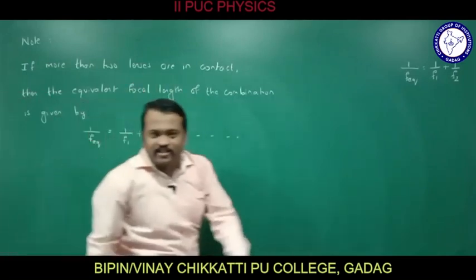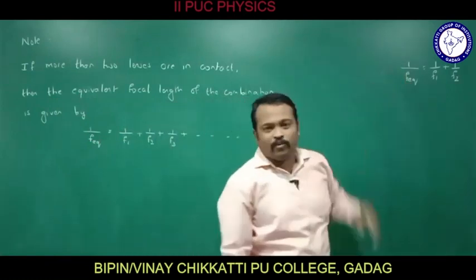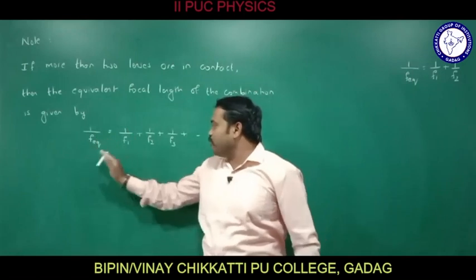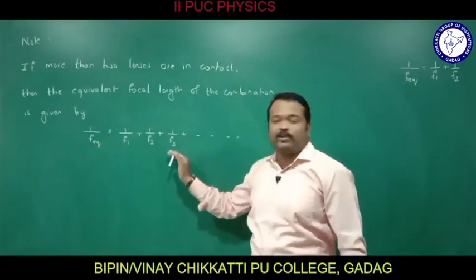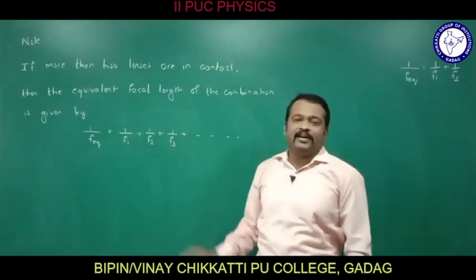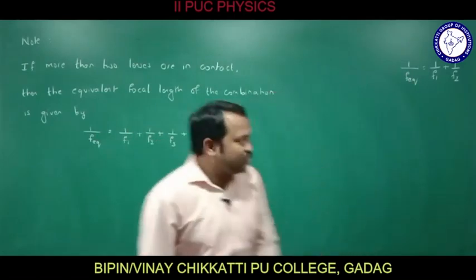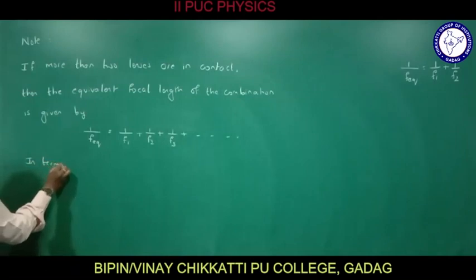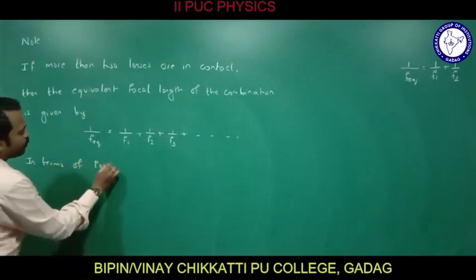So if there are two lenses, 1 by F1 plus 1 by F2 is equal to 1 by F equivalent. If more than two lenses, 1 divided by F equivalent is equal to 1 by F1 plus 1 by F2 plus 1 by F3, and the formula continues like this. Let me write this in terms of power of the lens.